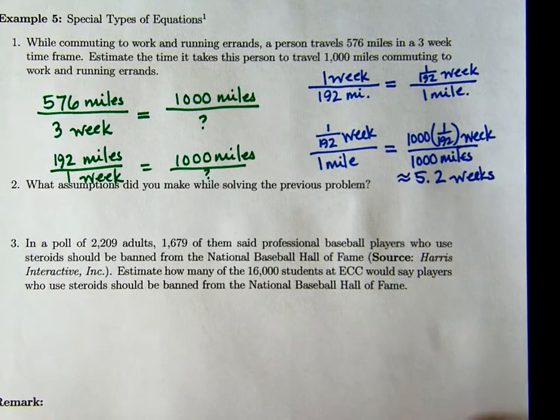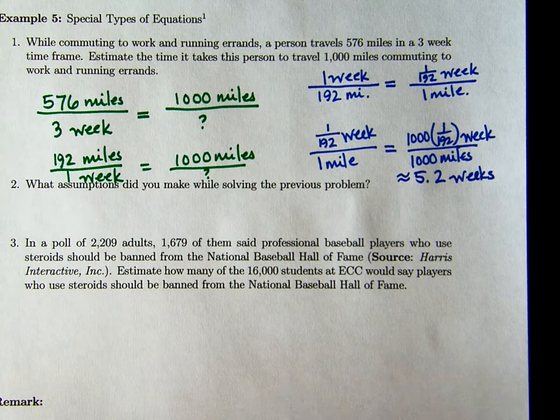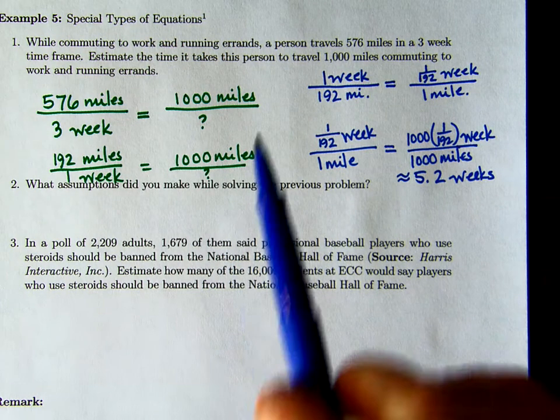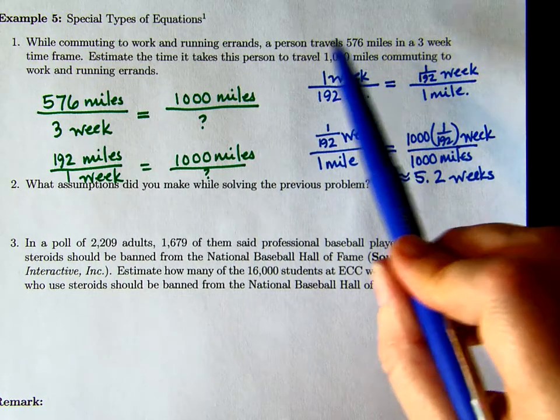And we usually don't say 0.2. 0.2 of the 7 days is like a day, just under a day and a half. So like 5 weeks plus 1.5 days about to take this person to travel 1,000 miles.